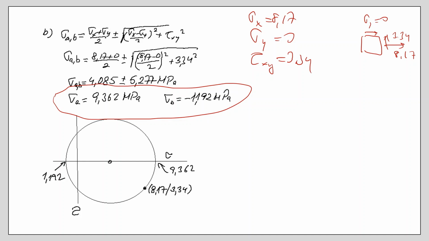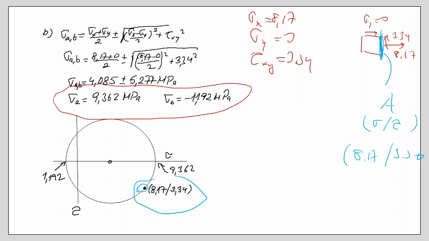So in order to draw the Mohr circle, you can take this surface, call it A. Well, this point A will have sigma and tau coordinates 817 and 334, and that's your point, as you see. And that one is 0, minus 334.